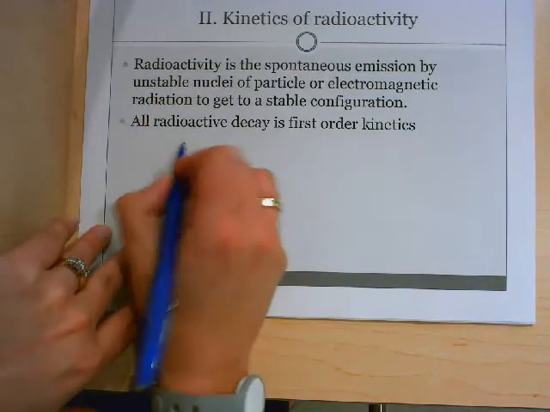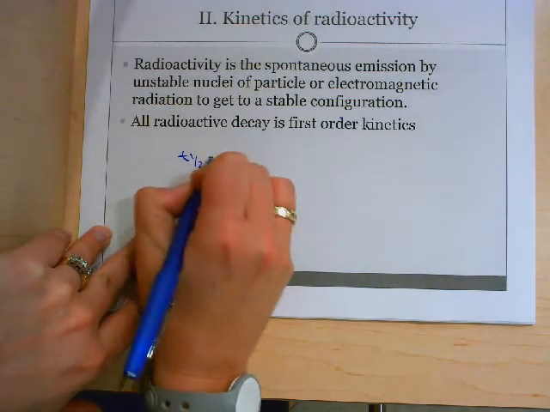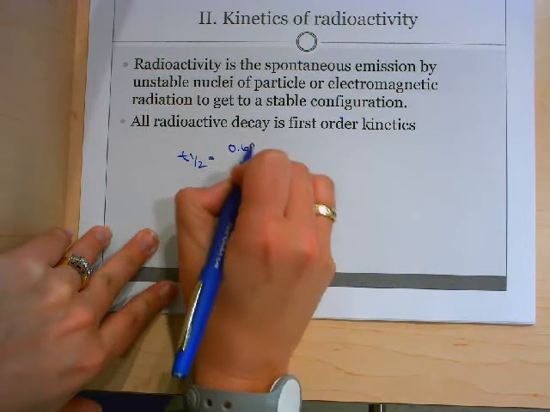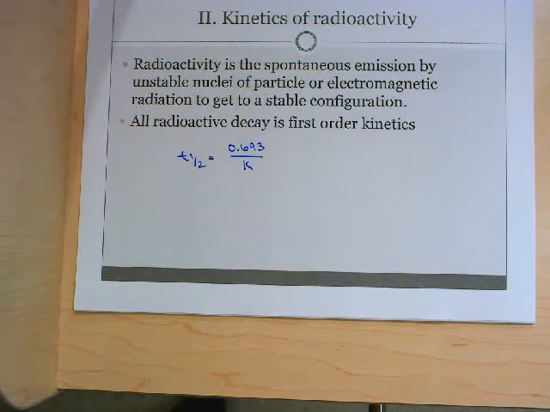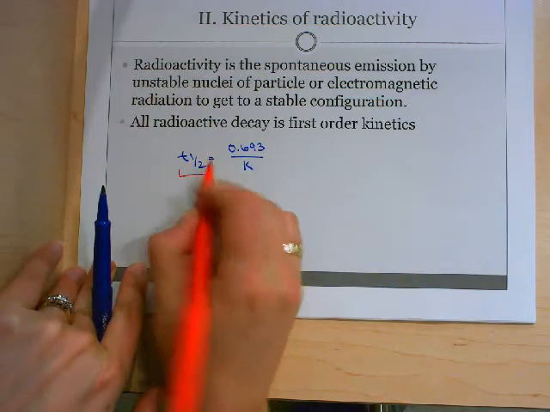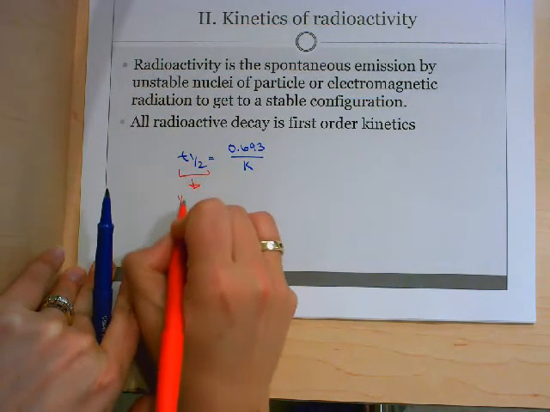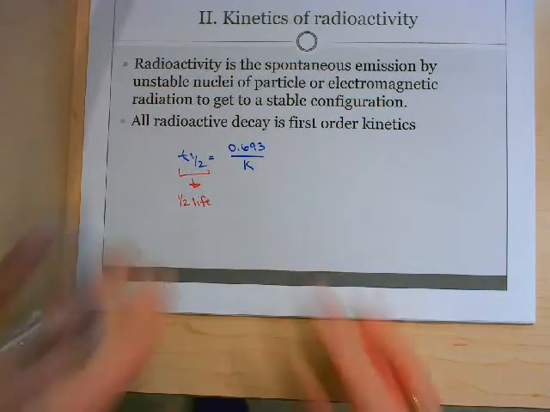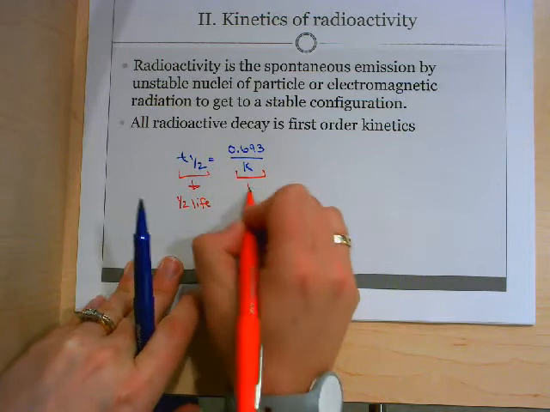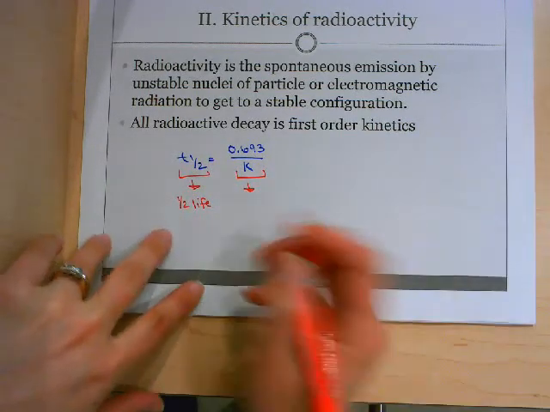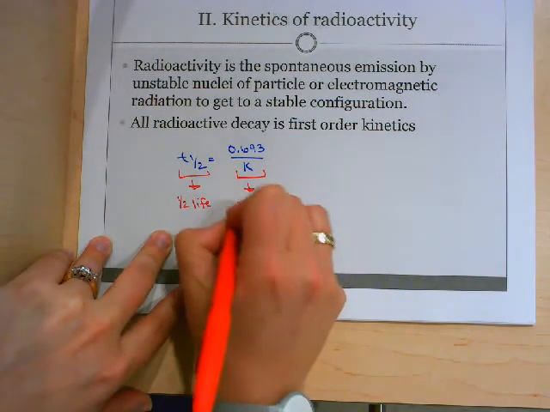So remembering our first order kinetics, this hopefully looks vaguely familiar. Alright, that was our half-life statement. And then k is our rate constant.